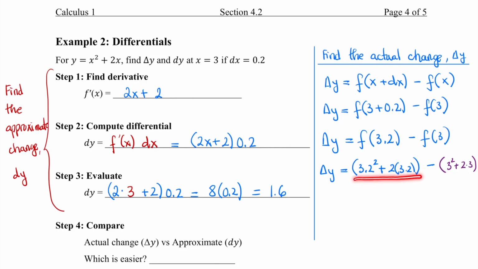3.2 squared plus 2 times 3.2 is 16.64. 3 squared plus 2 times 3 is 15. 16.64 minus 15 is 1.64.